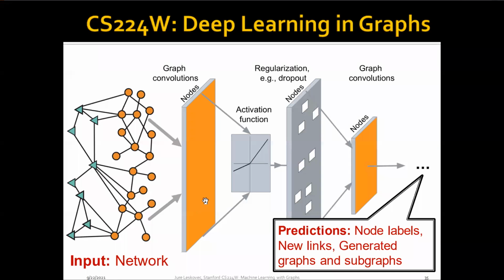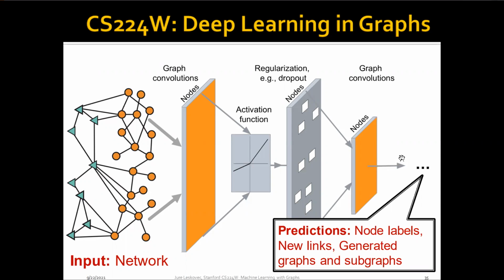So what is graph modeling? The input will be a graph or a network, and it goes through some machine learning modeling process. Here it just shows a graph convolution passing through some functions.